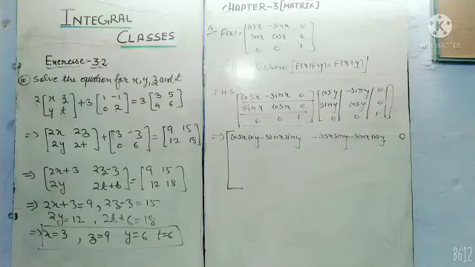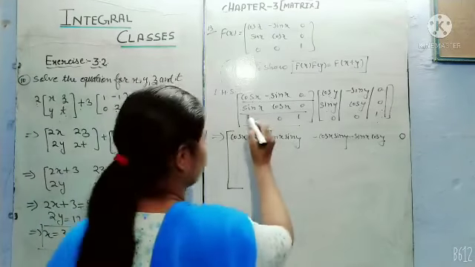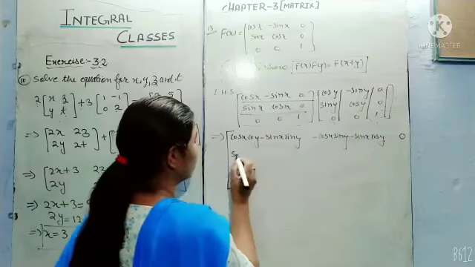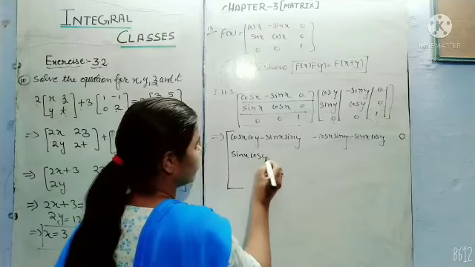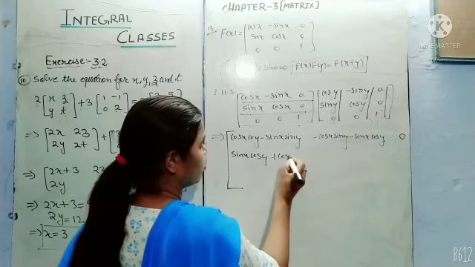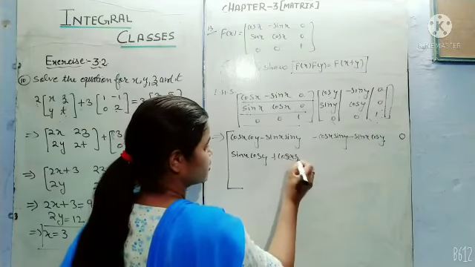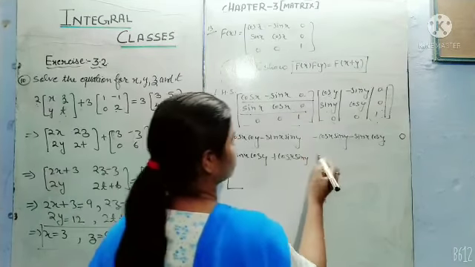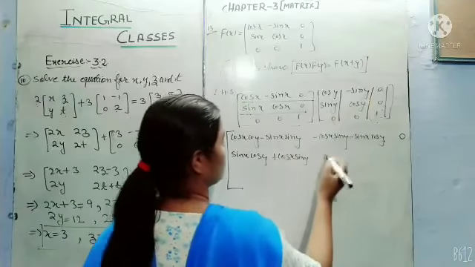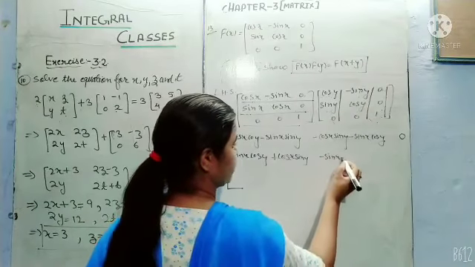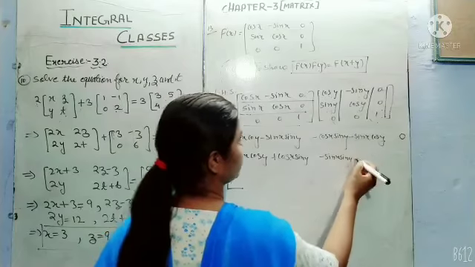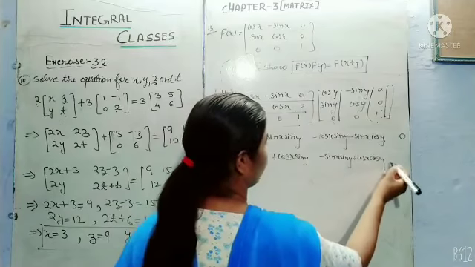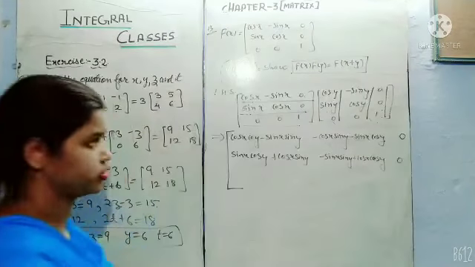Again the second row multiplied by all three columns: sin x cos y plus cos x sin y, and 0 into 0 is 0. Then again minus sin x sin y plus cos x cos y, and the last is again 0.